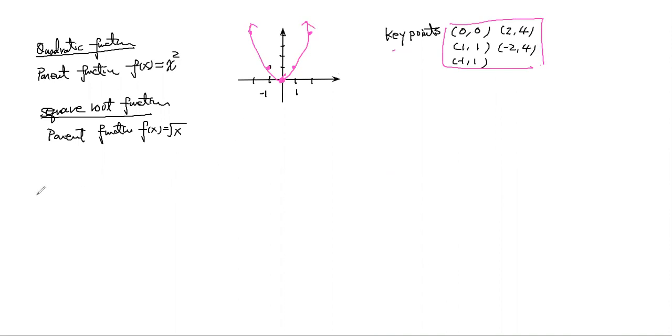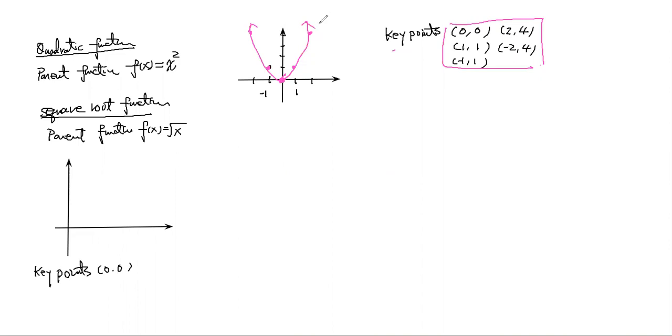Okay, so what is the parent function for the root functions here? This one is pretty easy. The key points: the first point is 0, 0.